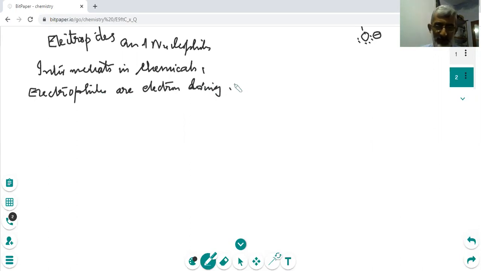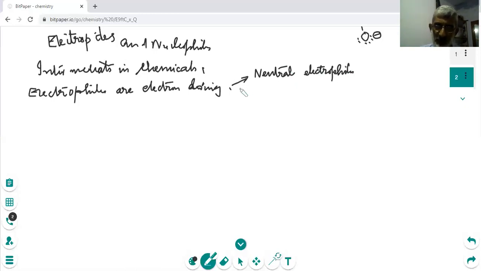You can have this into two classifications. One is neutral electrophiles.